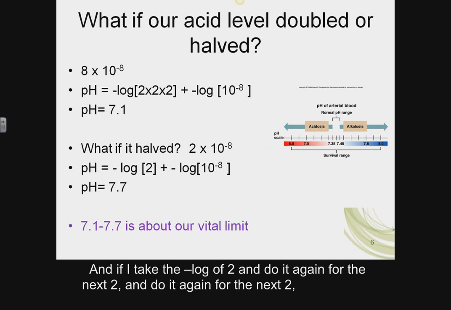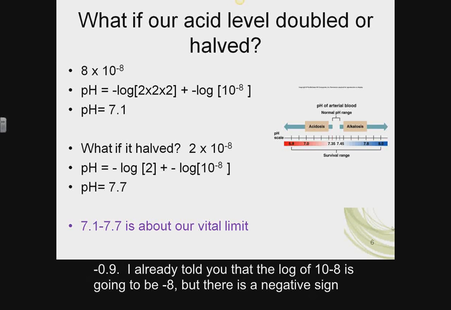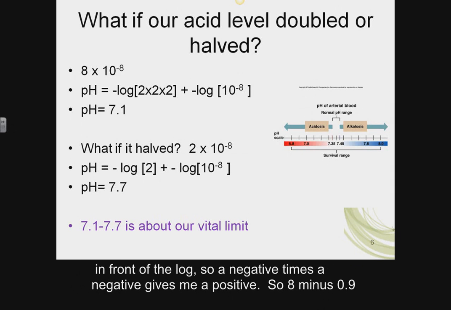In this bullet, right underneath 8 times 10 to the negative 8, I'm using the distributive property again. If I take the negative log of 2 and do it again for the next 2, and again for the next 2, then I am going to have 0.3 for each of those, 3 times over, right? So I'm going to have a negative 0.9.